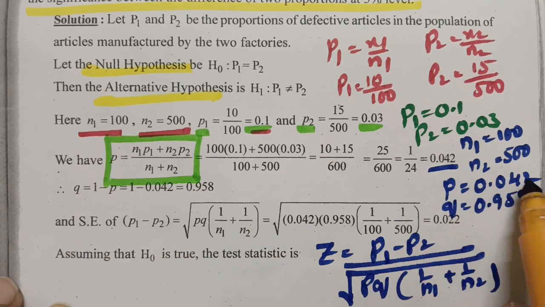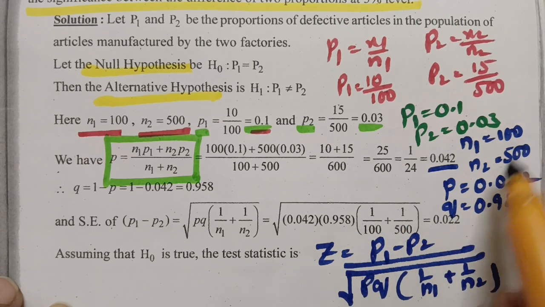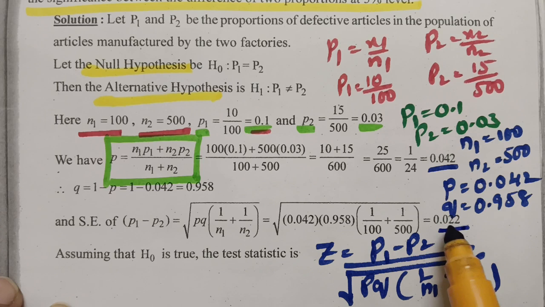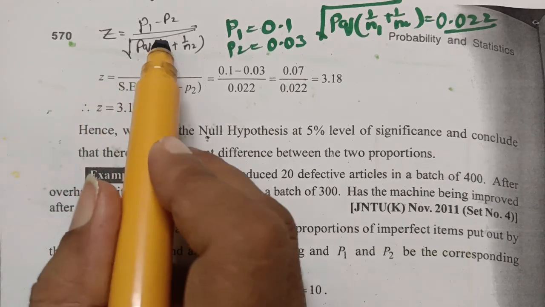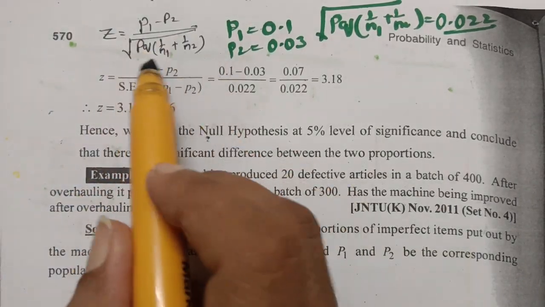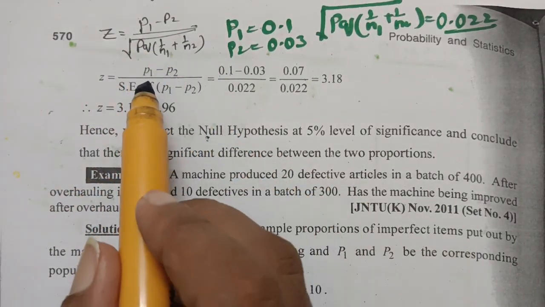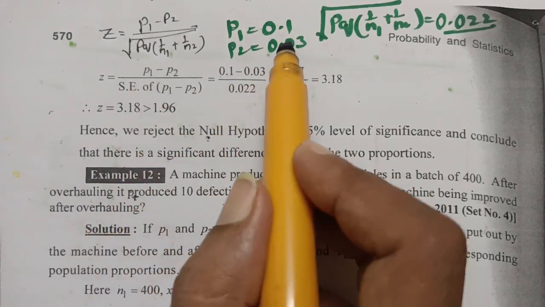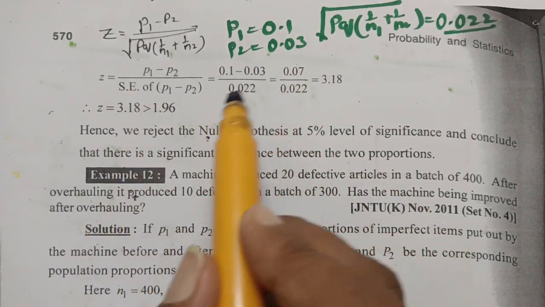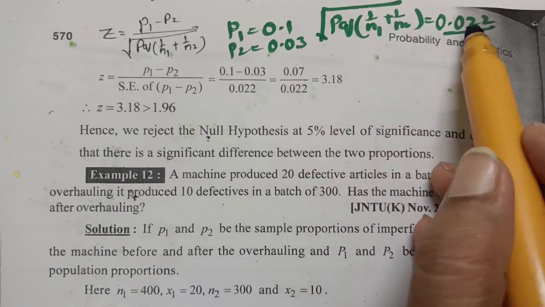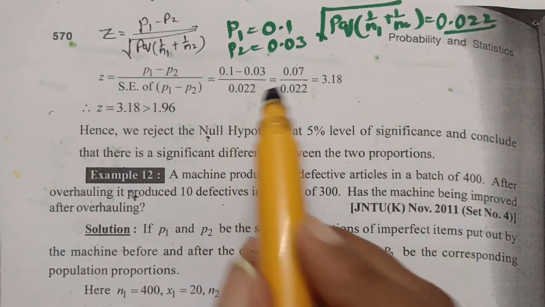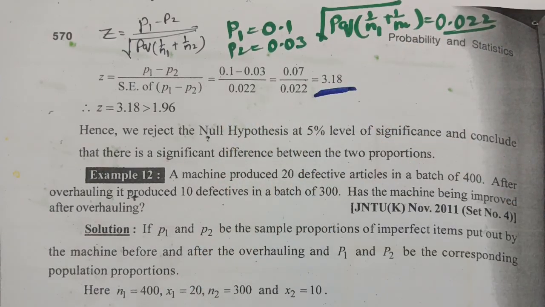PQ is equal to 0.042 into 0.958 into (1 by 100 plus 1 by 500). The denominator value is 0.022. So Z is equal to (P1 minus P2) by the denominator: P1 is 0.1 and P2 is 0.03, divided by the denominator value we just found, 0.022, and therefore we got 3.18.